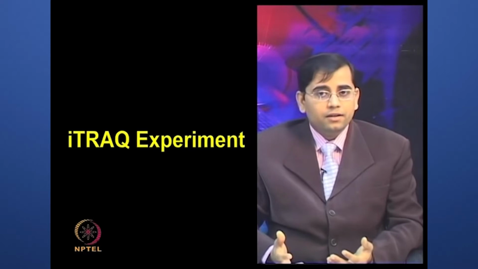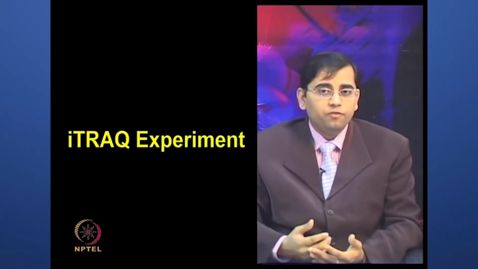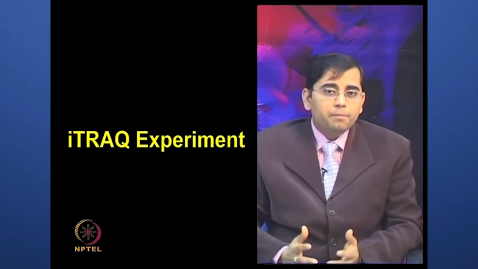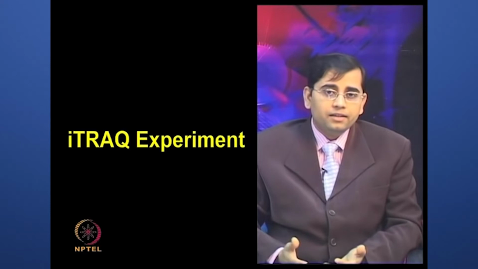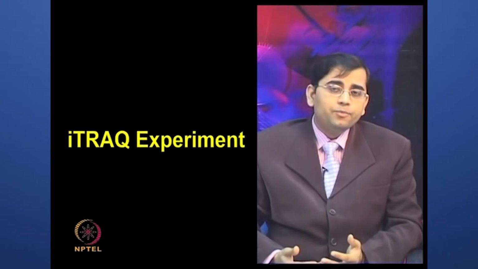In fact, control and 3 treatments, or it can be 4 different time course samples. So, 4 samples can be combined and analyzed by LC-MS. As per the guidelines provided by Applied Biosystems, the protein samples can be prepared, and now we will discuss that step by step in the next few slides.